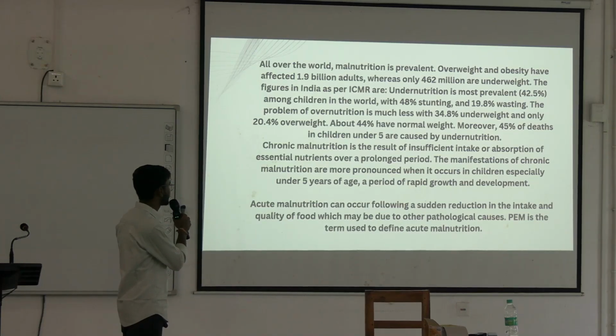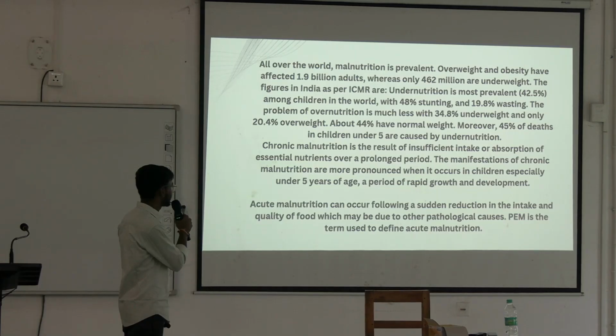Among children, 48% have stunting and 19.8% wasting. The problem of overnutrition is much less, with 34.8% underweight and only 20.4% overweight. Above 44% have normal weight. Moreover, 45% of deaths in children under 5 are caused by undernutrition.